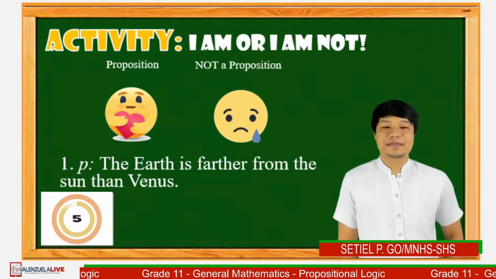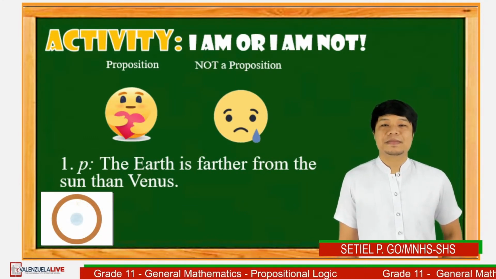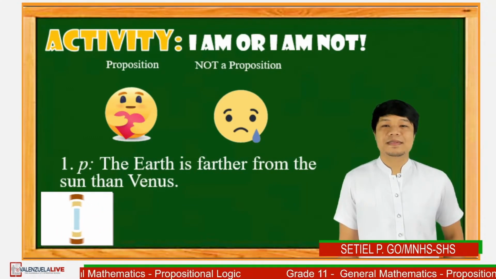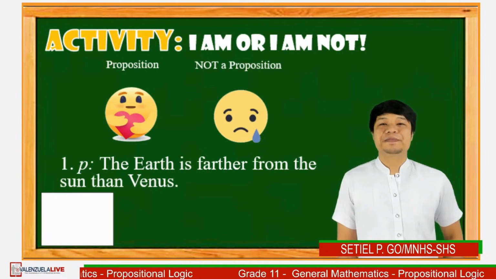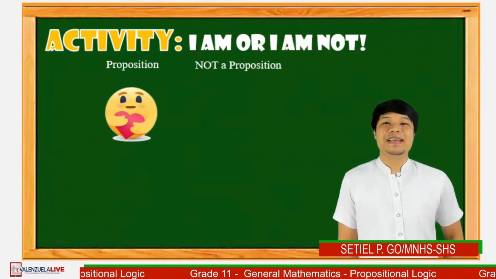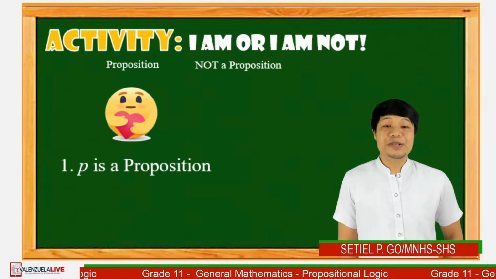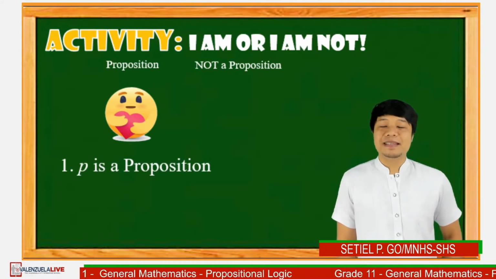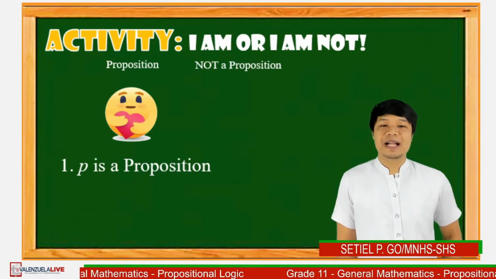Go! Time's up. If your answer is a hair sign, then you are correct because P is a proposition since the statement is declarative and the truth value is true.